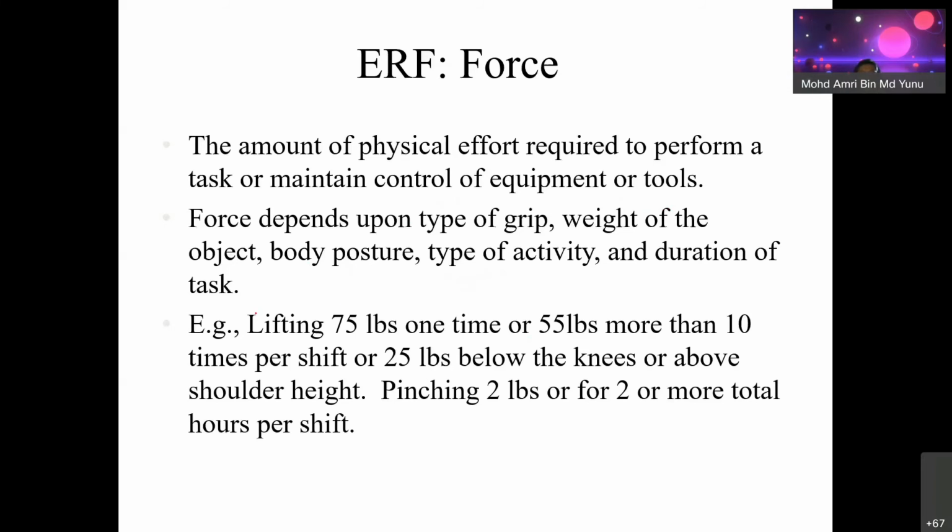For example, lifting 75 pounds one time, or 55 pounds more than 10 times per shift, or 25 pounds below the knee or above the shoulder, or pinching 2 pounds for 2 or more total hours per shift.